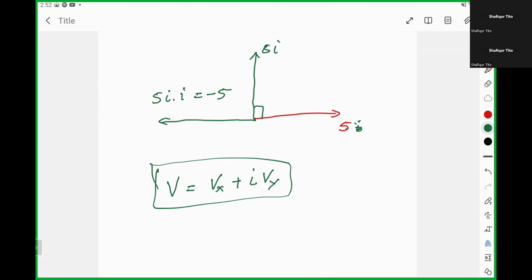This becomes a complex representation, and it is nothing but a vector representation of any quantity. Why have I come up with this expression? Because I can add easily. We need the polar representation because whenever we want to do multiplication or division, polar is easier, but with the rectangular form, addition will be easier.